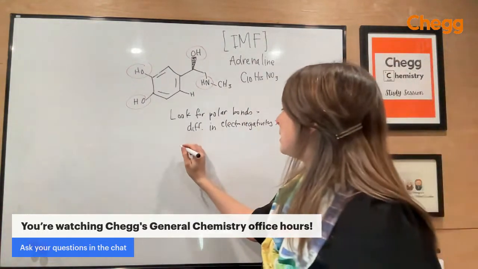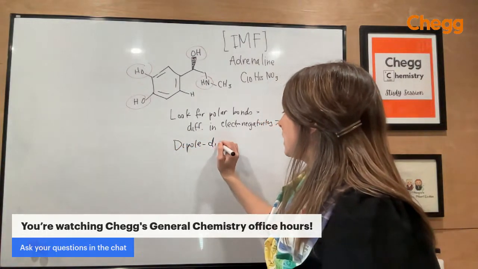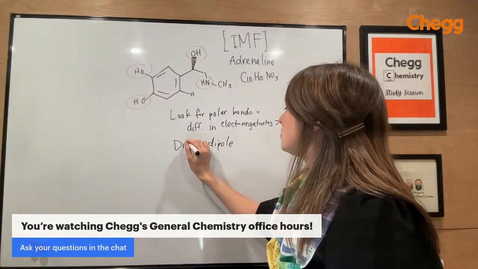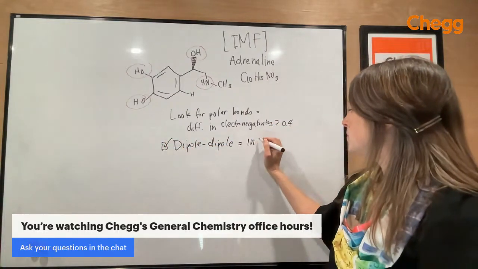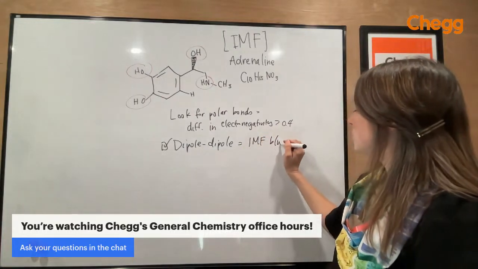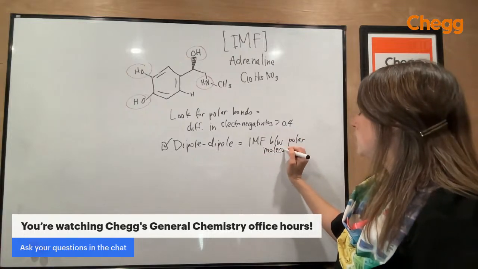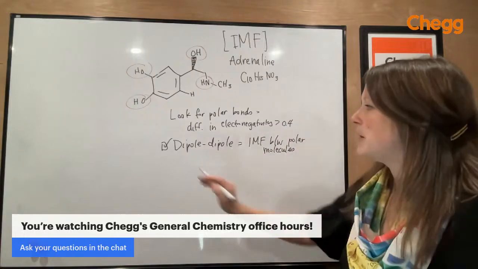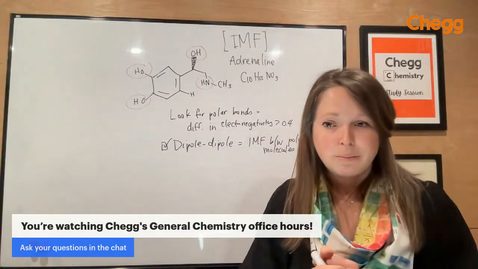All right. So looking at this, I know I have polar bonds. Therefore, this is going to experience dipole-dipole interactions. Dipole-dipole interactions are just interactions between polar molecules. So what do I mean by that? For example, the OH bond. Oxygen is a lot more electronegative compared to hydrogen.